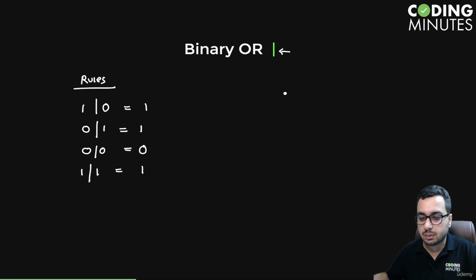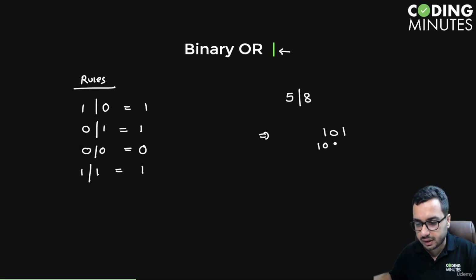For example, if I do 5 OR with 8, what is 5? 5 is 101. What is 8? 8 is 1000. If you do an OR here, you're going to get 1 here, 1 here, 0 here, and 1 here. So what is this number? This is 8, this is 4, this is 2, and this is 1.